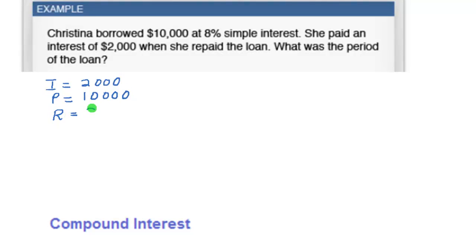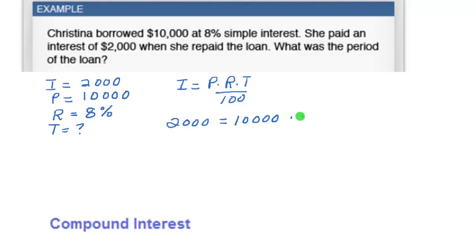R is 8%, and we're looking for T. So remember, I equals P times R times T over 100. So let's see, 2,000 is equal to 10,000, that's our P, times 8 times T over 100.